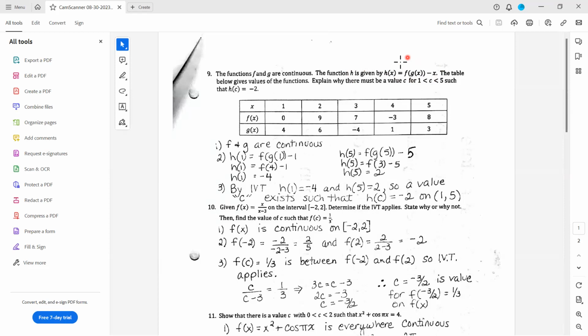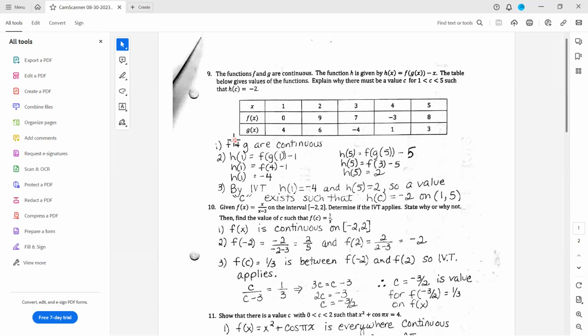It also affects a little bit the first condition. How do you show that that composition is continuous? You either show that F and G are both continuous, or you show that the composition is continuous at the output value of the inner function, like we said before. So it has a slightly different term.